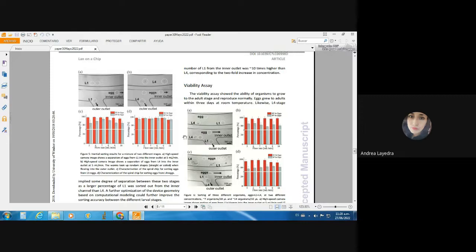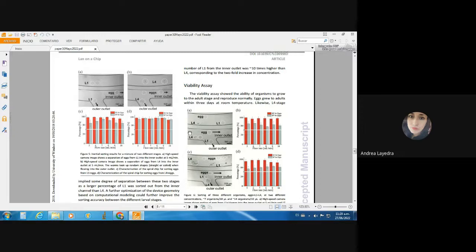In the case of sorting between L1 and eggs, the purity was 80%, and for the sorting of L4 and eggs, the purity was higher, at 97%, probably due to the significant difference in size between these two developmental stages, especially at the flow rate of 6 milliliters per minute, which was obtained for sorting eggs from L1 plus eggs and L4 plus eggs mixtures respectively.